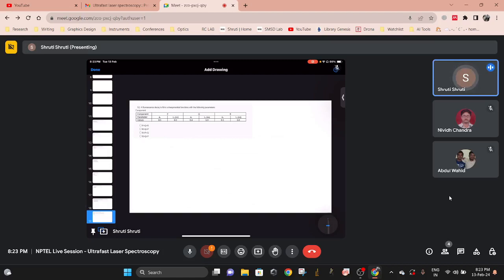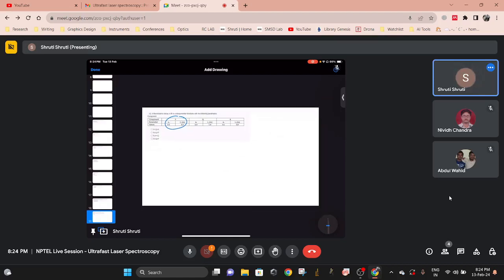So we need to define the lifetime order of these P, Q and R species. I think we need to calculate the contribution of P, Q and R, fit to a tri-exponential.